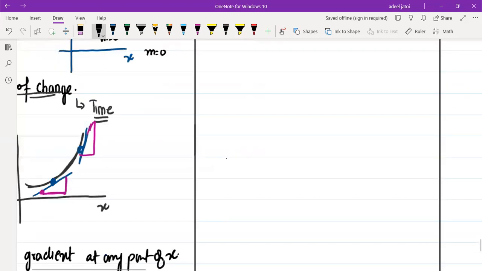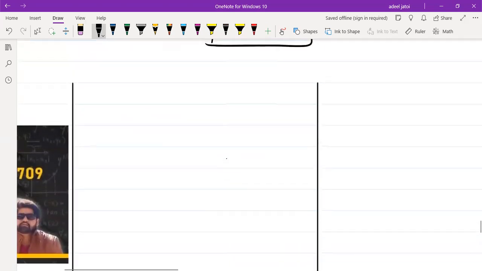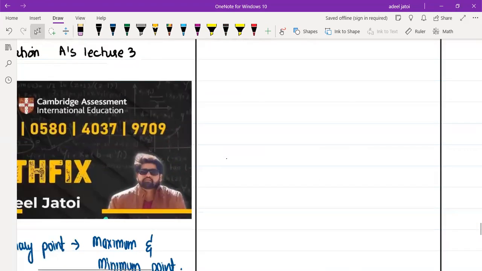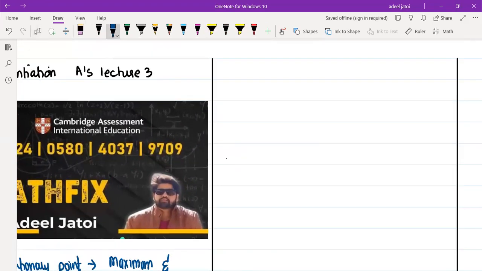Any point of x. So specifically, what you need to understand is that this dy upon dx is compared with time. That means dy into dx, and one thing that is introduced is dt.